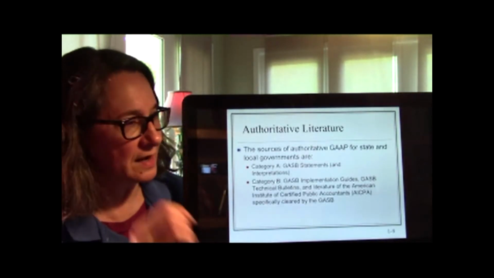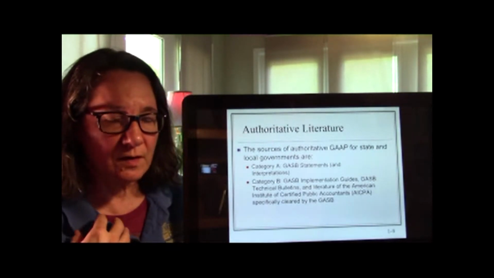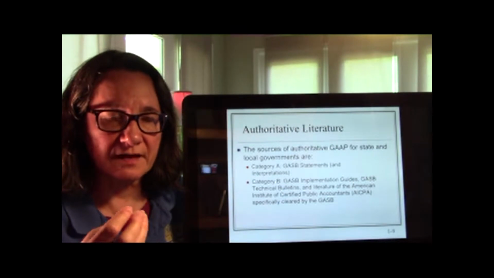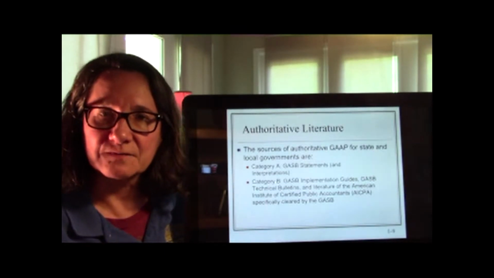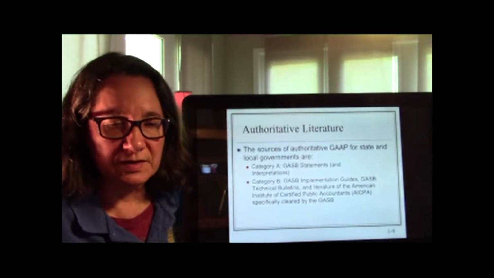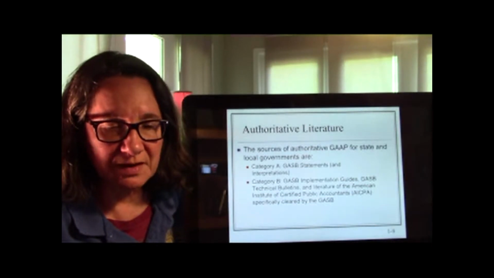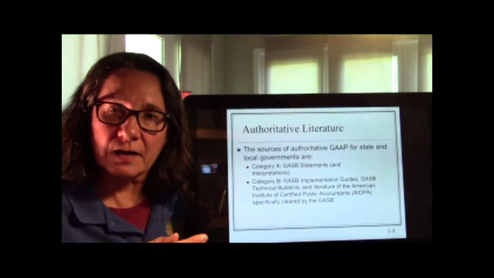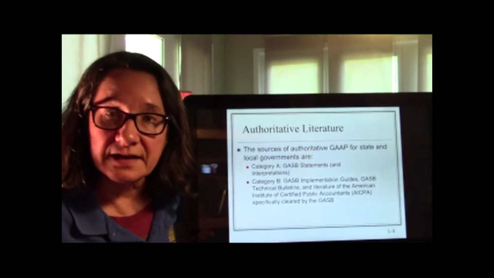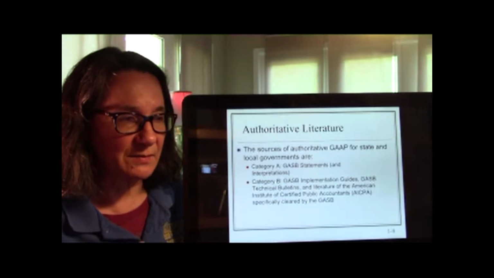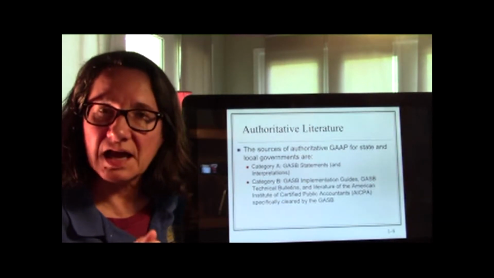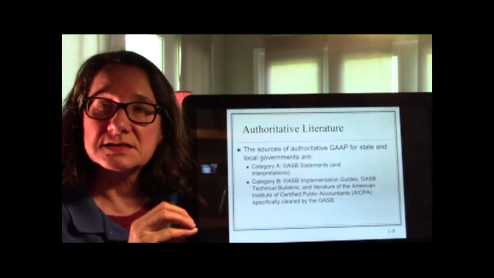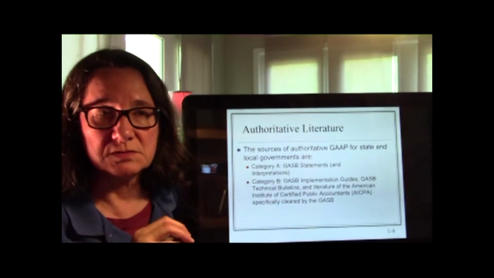All right. Now, just like with U.S. GAAP for profit organizations, for not-for-profit and governmental organizations, there's some literature out there that people follow, and some of it is what's called authoritative, and some of it is not authoritative. In other words, you can't rely on it as the rule, right?